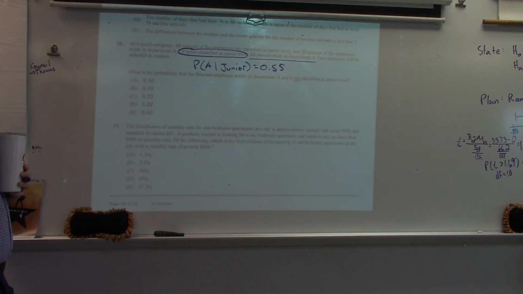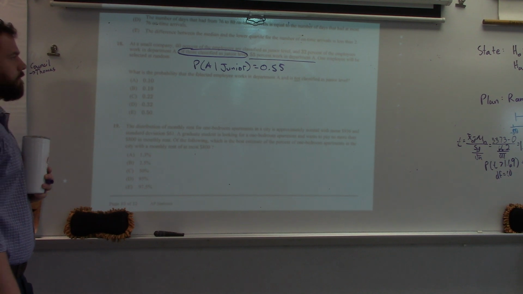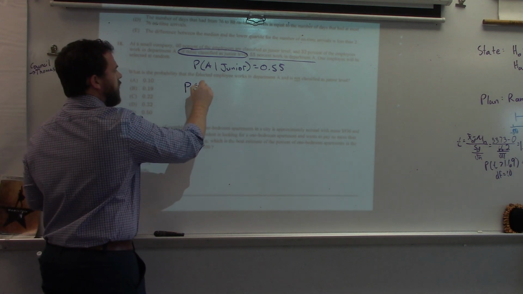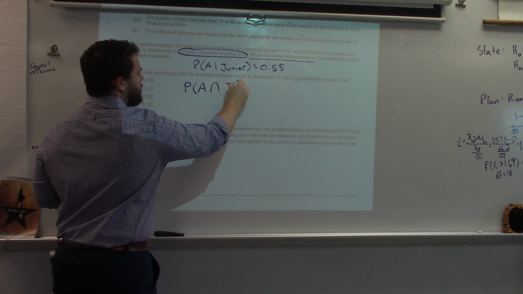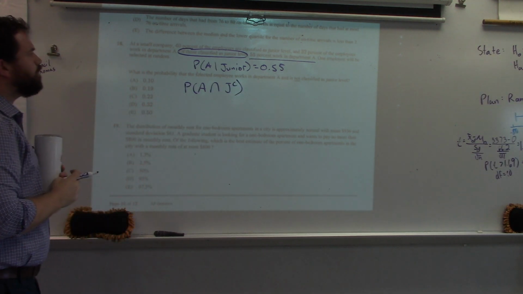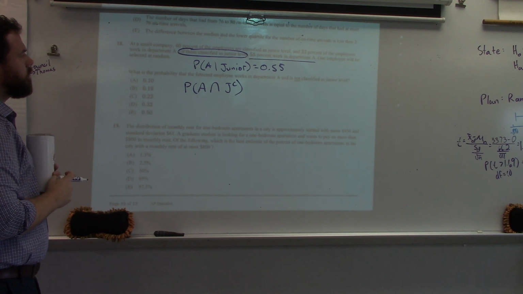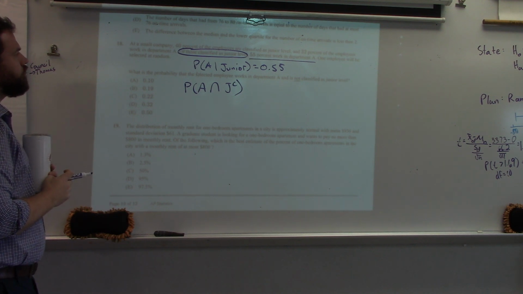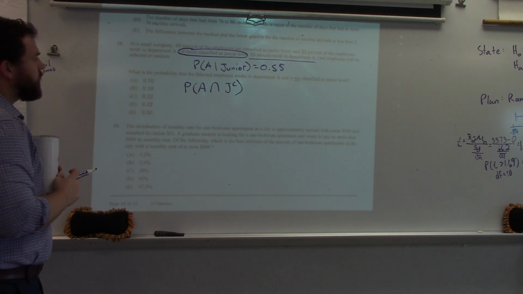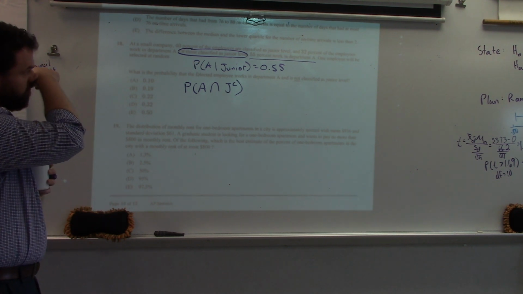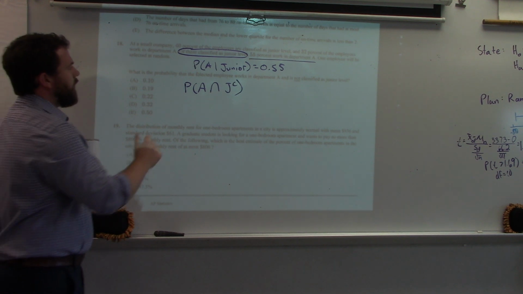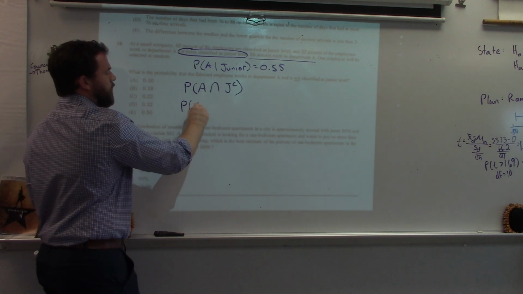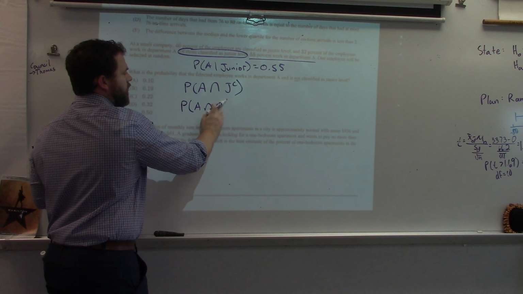So the probability the selected employee works in department A and is not classified as junior. So probability of A and not junior. Okay, so I'm thinking in this one, I know the probability, how would I find probability of A and junior?